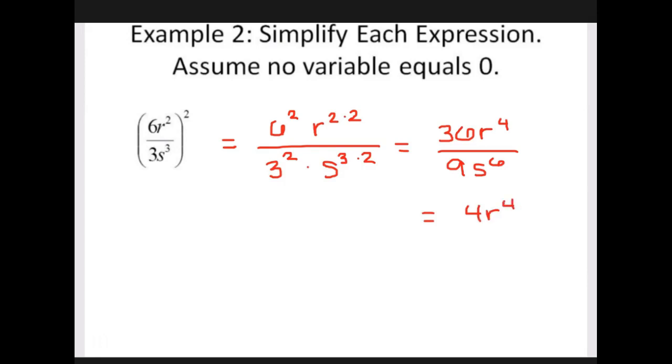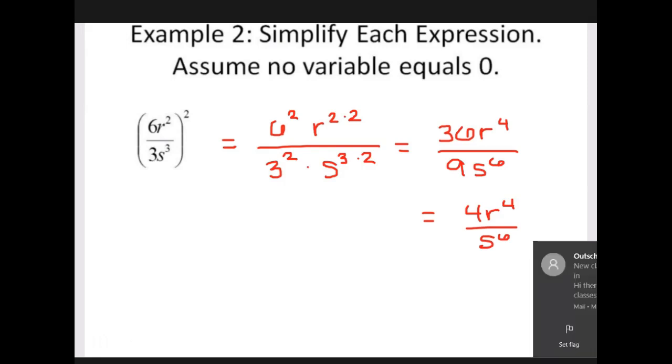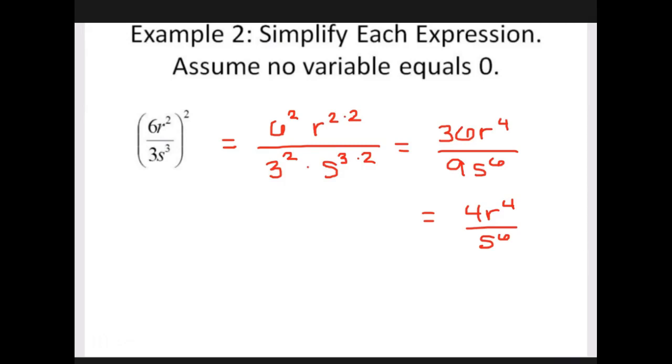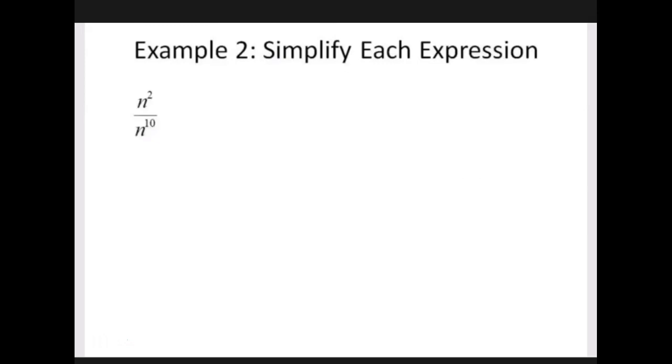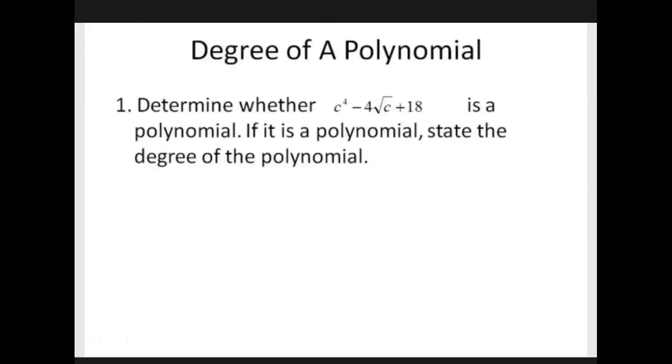So you have 4r to the 4th all over s to the 6th. So again, when you simplify the fractions and the numbers, we're going to simplify them at the beginning or the end. It doesn't change your answer.